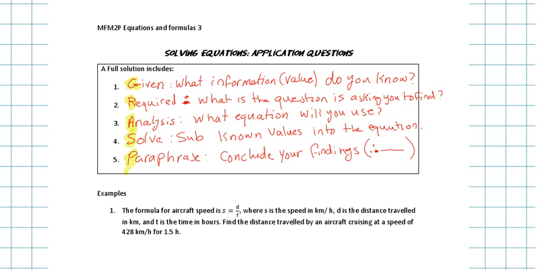There's 3 dots, the one on the top and the 2 on the bottom. They represent therefore, so you don't have to write the word therefore. You just put that symbol, and that means therefore.